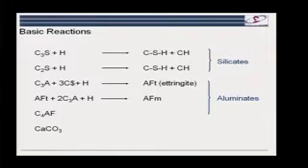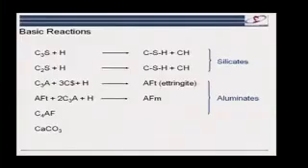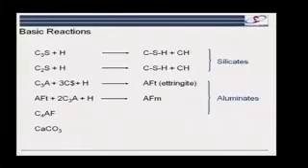The overall reactions, first of all, we can divide them between the silicates and the aluminates. If we look at the silicate reaction, you'll see that both C3S and C2S react to give us this compound, which is called C-S-H. Now, C-S-H is written like this deliberately. So it's C-S-H, and please don't write it without the hyphens, because that's wrong.